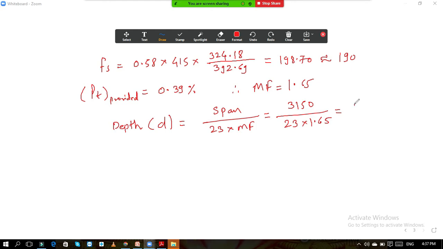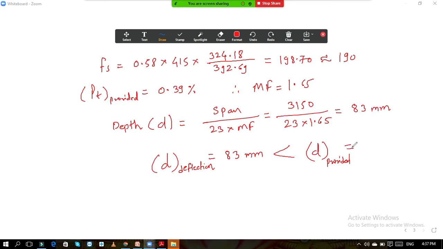It works out to be 83 mm. So d for deflection, depth for deflection, which is equal to 83 mm, is less than d provided, which is equal to 100. Hence this is also safe.